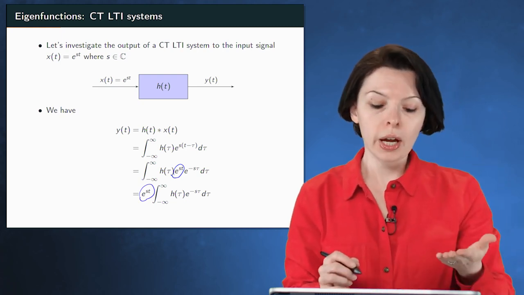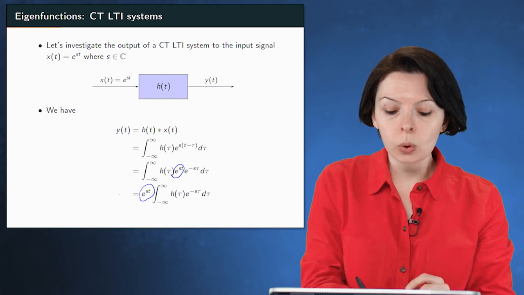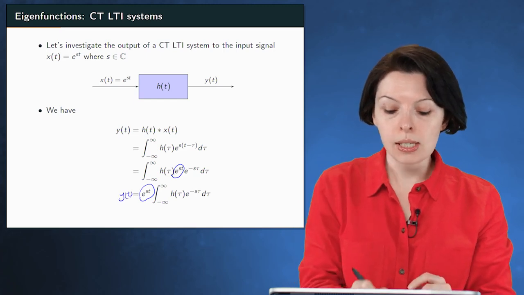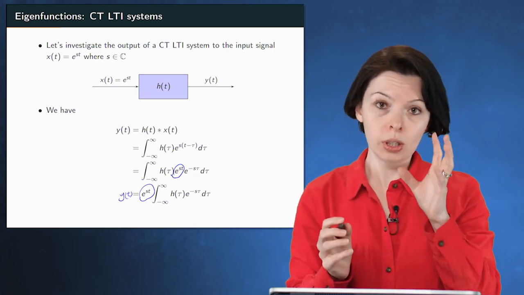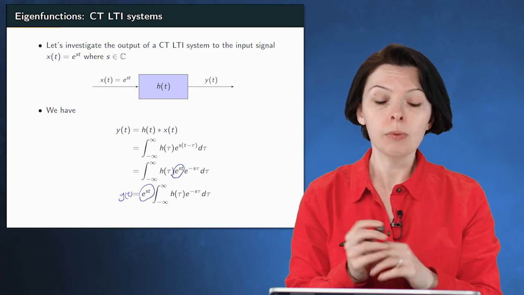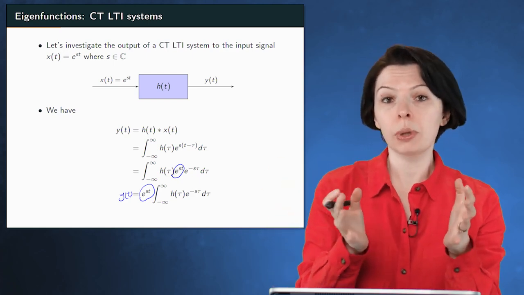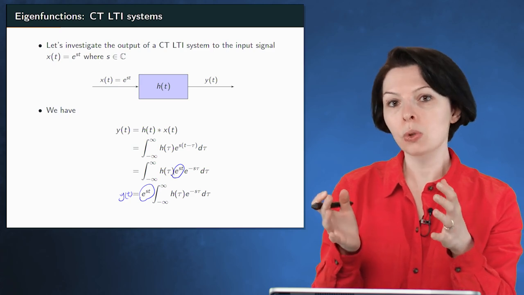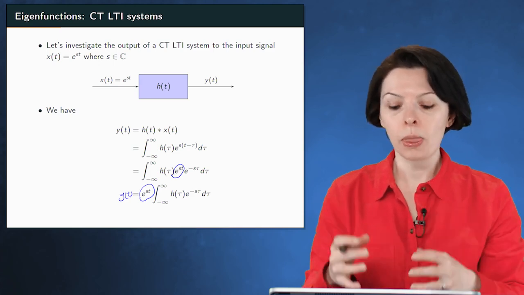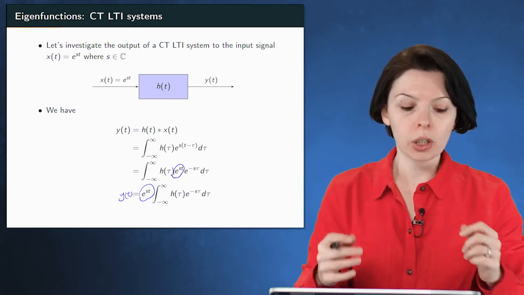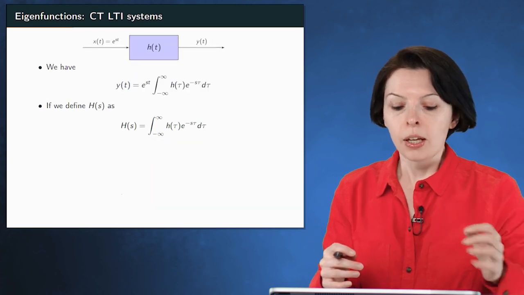Then y of t is equal to e to the st, which depends on t, multiplied by an expression that does not depend on t. With respect to t, it's a constant number, which happens to be a complex number in general.